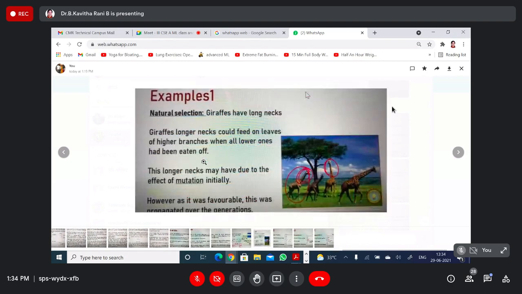Here you can see one example. At one time, the plants were of a certain size, low to the ground, as trees used to be earlier. So herbivorous animals could eat them.